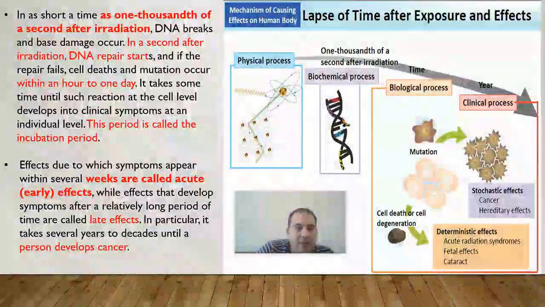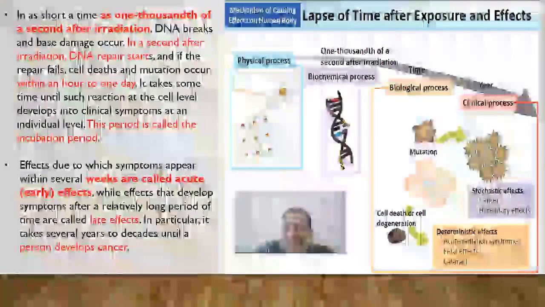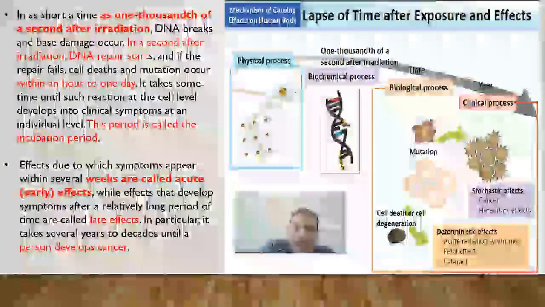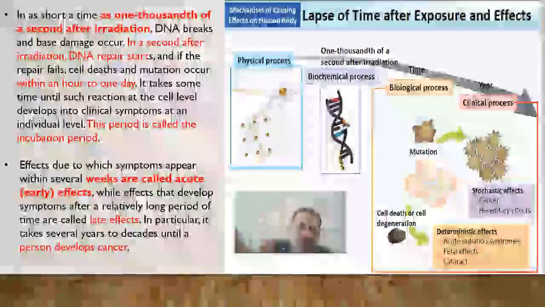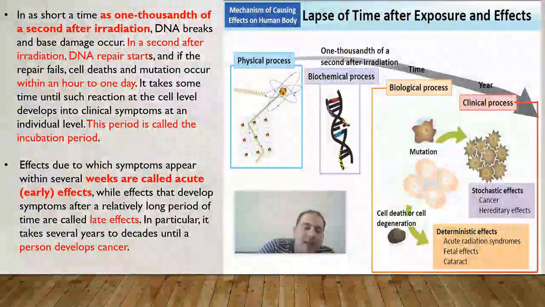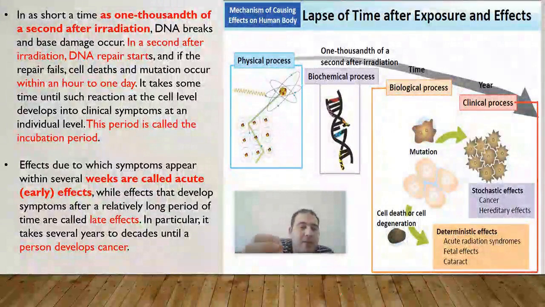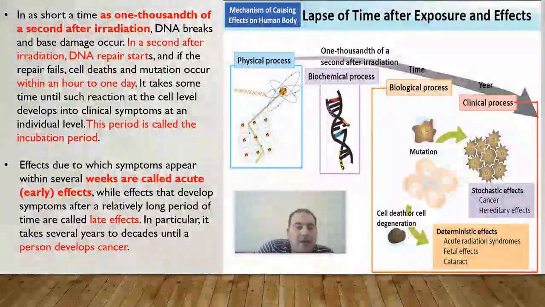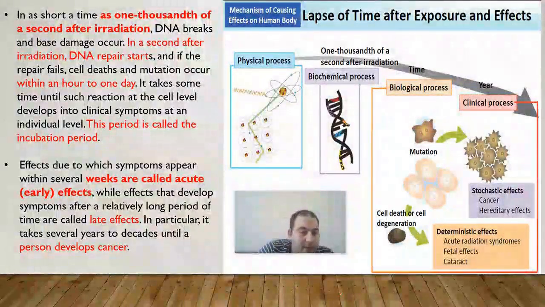If this repair fails, cell death or mutations can occur within an hour to a day. So, to recap, in less than a second the breaks and base damage occur due to free radicals, and the repair starts after 1 second. If it fails, mutations or cell death can occur within an hour to a day.